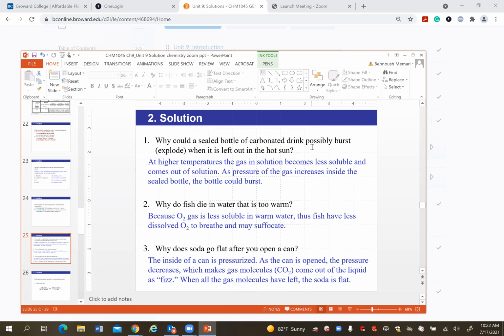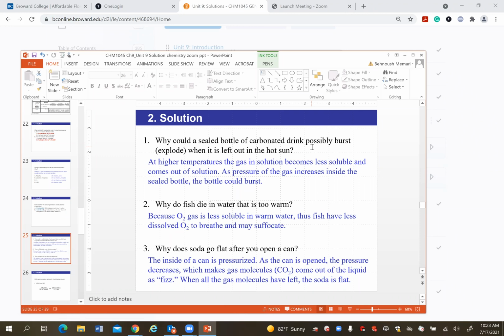It will be lower. Solubility is lower. That means the gas comes out of the solution. And if it comes out of the solution, it doesn't want to stay in the liquid, in the soda, then it would put a lot of pressure on the wall of the container, and that's why it's going to explode.